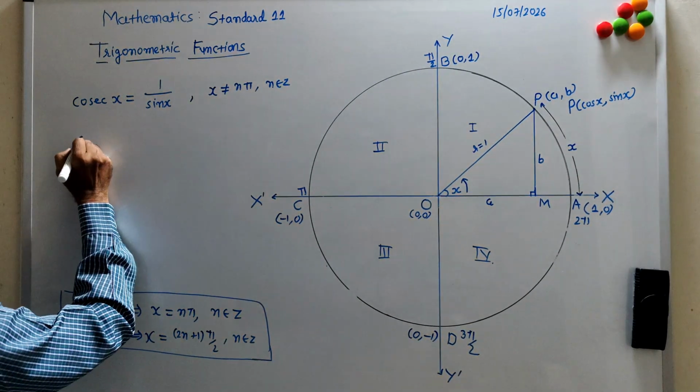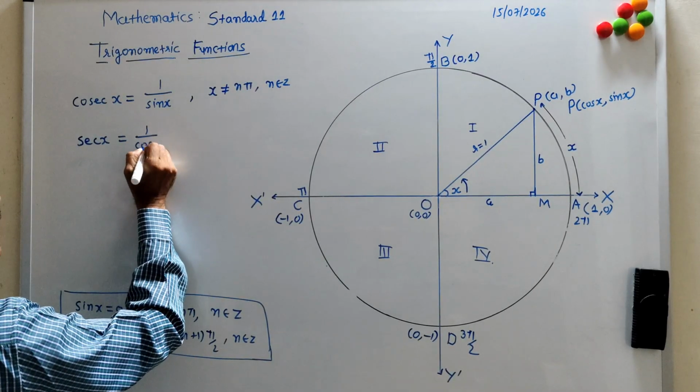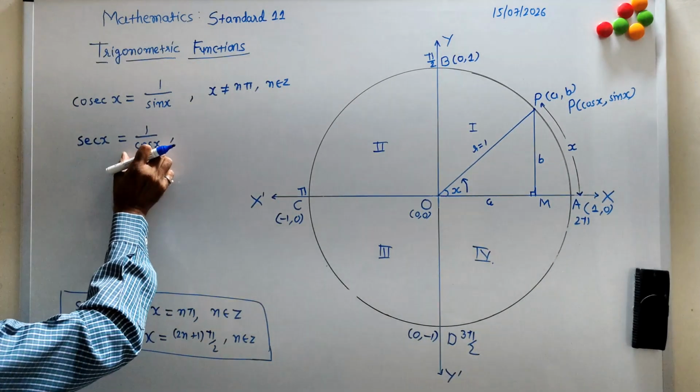Now sec x is equal to 1 over cos x, so cos x should not be 0.